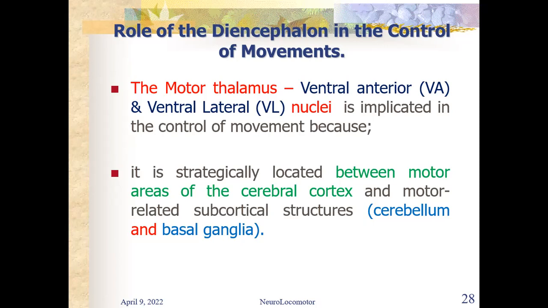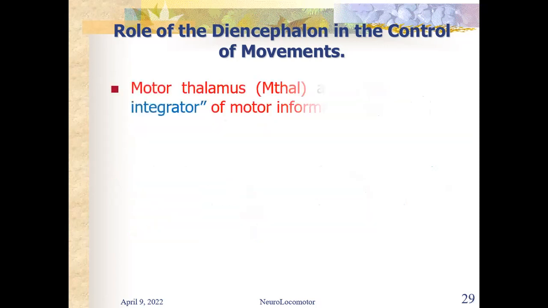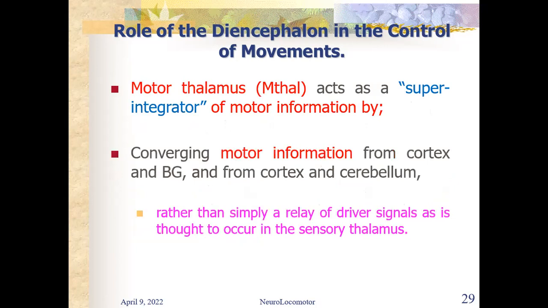So the motor thalamus consists of the ventral anterior and the ventral lateral nuclei implicated in the control of movement. The motor thalamus acts as a super integrator of motor information because it converges motor information from the cortex, basal ganglia and the cerebellum.